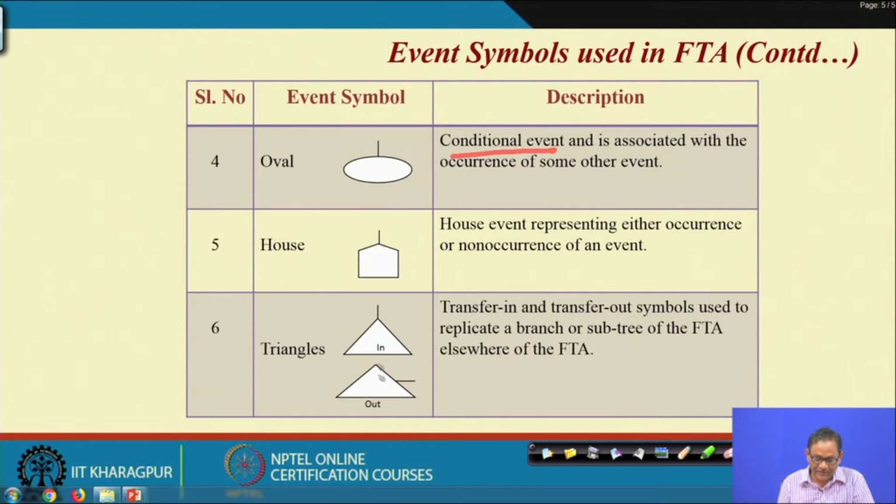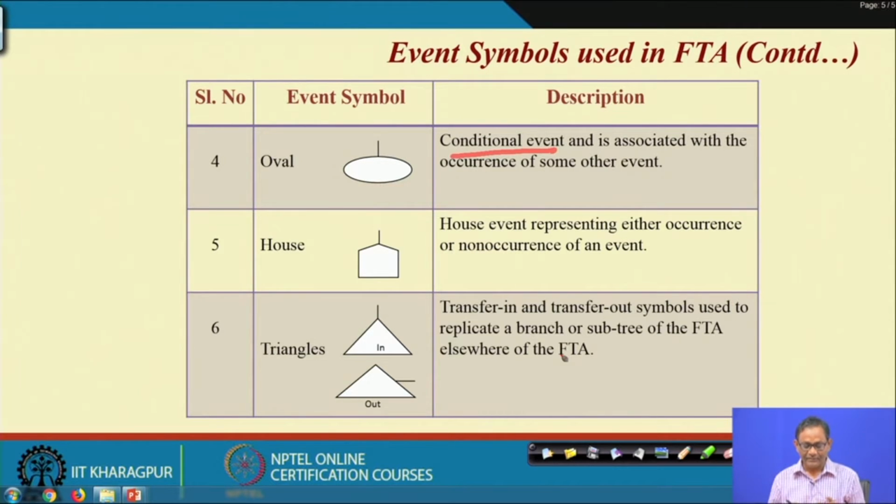Now, the triangles, in and out. Two triangles are used, the transfer in and transfer out symbols, to replicate a branch or subtree of a fault tree elsewhere in the fault tree. When you develop a system level fault tree, you may find that the tree will be very big, and it may so happen, when you come to the subsystem levels, that some subsystems are applicable in other parts of the tree.